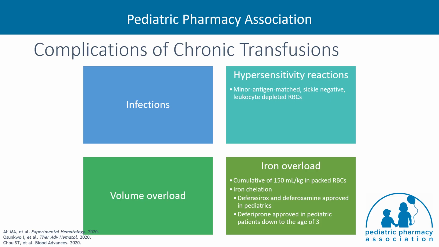For these patients, iron chelation may be required. So both deferasirox and deferoxamine are approved in pediatric patients, and then deferiprone is now approved in pediatric patients down to the age of 3. All of those come with significant benefits and risk and should be chosen based on patient-specific factors.